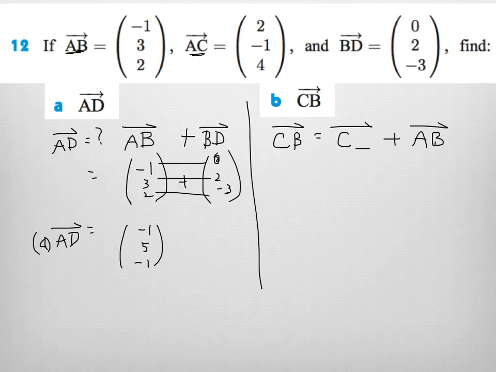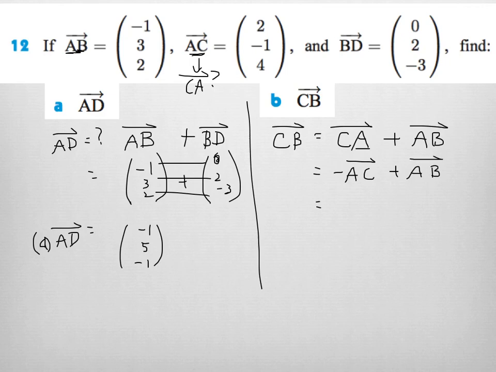Well, we have an AC. Can I convert this into a CA? Yes, I can. I can just flip it, which means I change all my components to the negative of what they were before. So CA is really the same as negative AC.